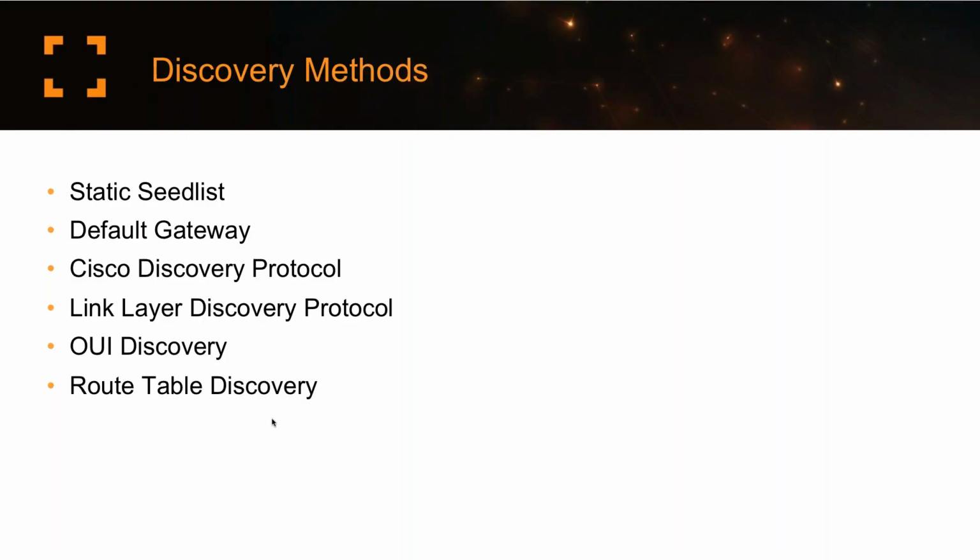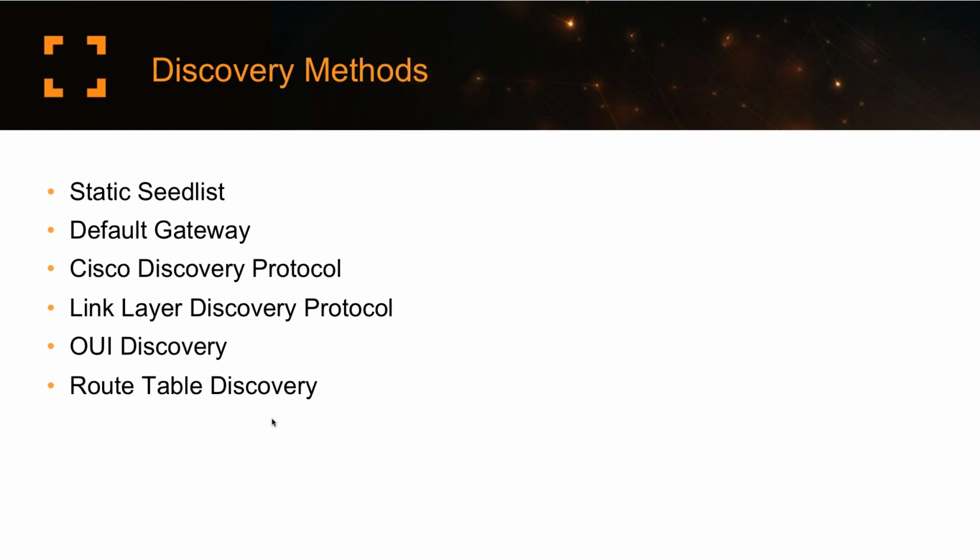So NeDi uses a number of ways to discover the network. The first thing is a static seed list. So if an administrator needs to manually specify one or more starting devices, they can be itemized in the seed list.